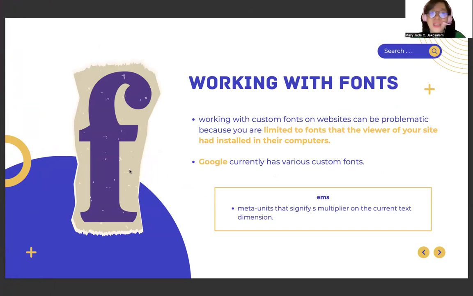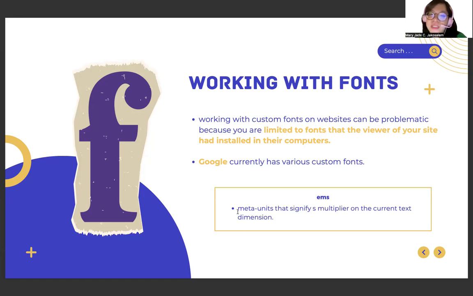Hence, the font will not appear. However, we were able to work around that because Google currently has various custom fonts, which is very nice. Okay, so you just have to include the link, and whether or not it's installed on their computer, it will still show up as long as you're opening the Chrome browser.